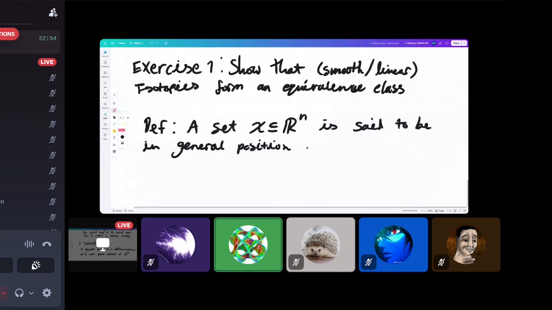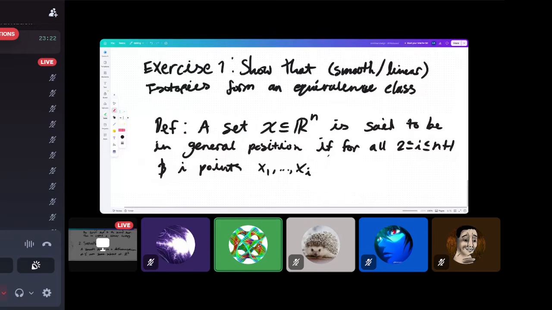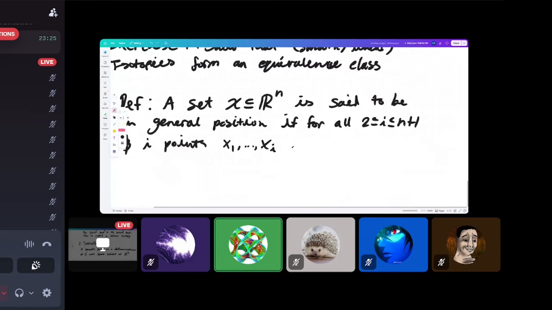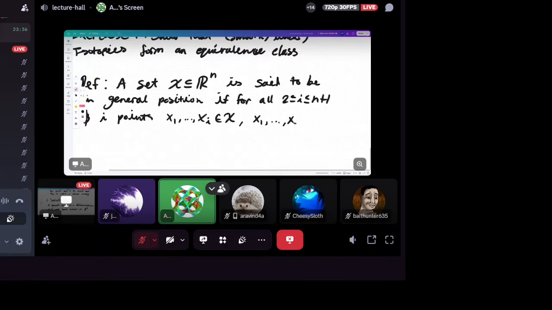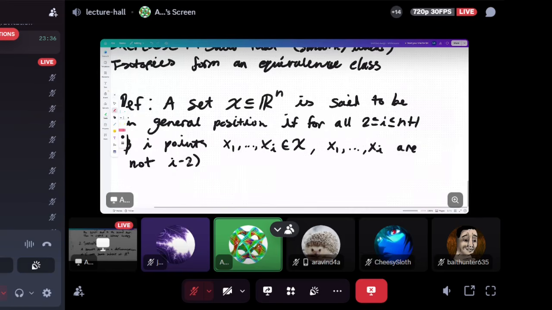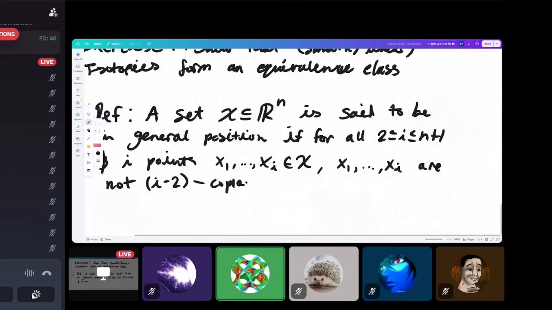To be in general position if for all 2 ≤ i ≤ n+1, i points x1 through xi in X are not (i-2)-coplanar.